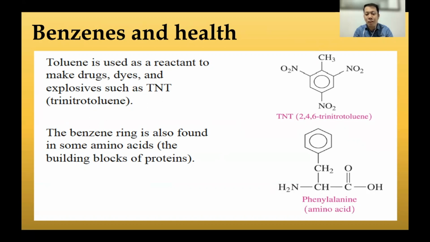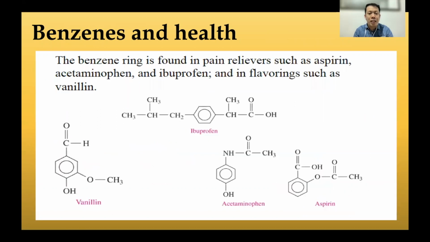For example, you have phenylalanine, an amino acid wherein the benzene ring can be found. And the benzene ring is found in pain relievers such as aspirin, acetaminophen, and ibuprofen, and in flavoring such as vanillin.